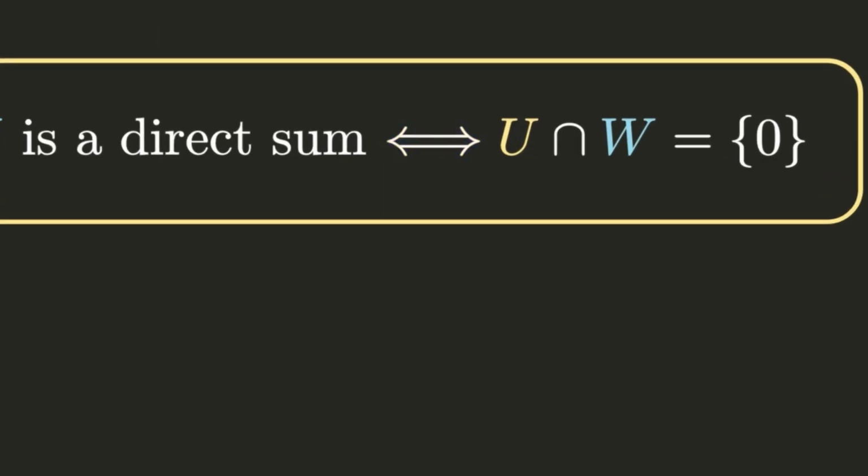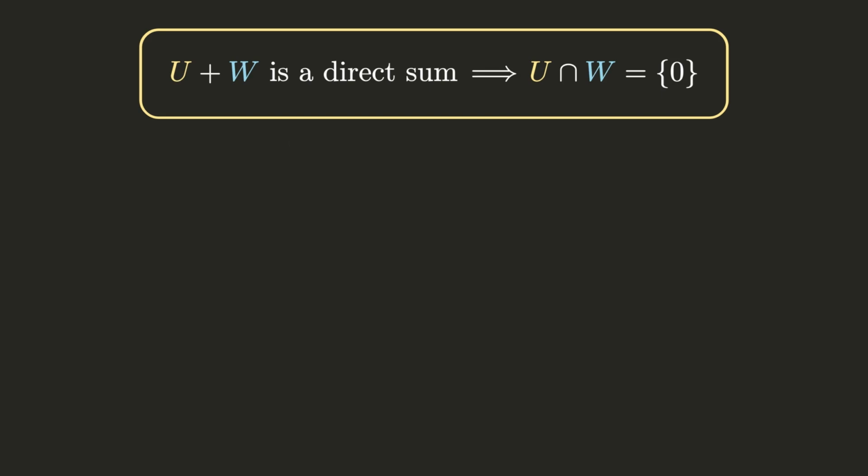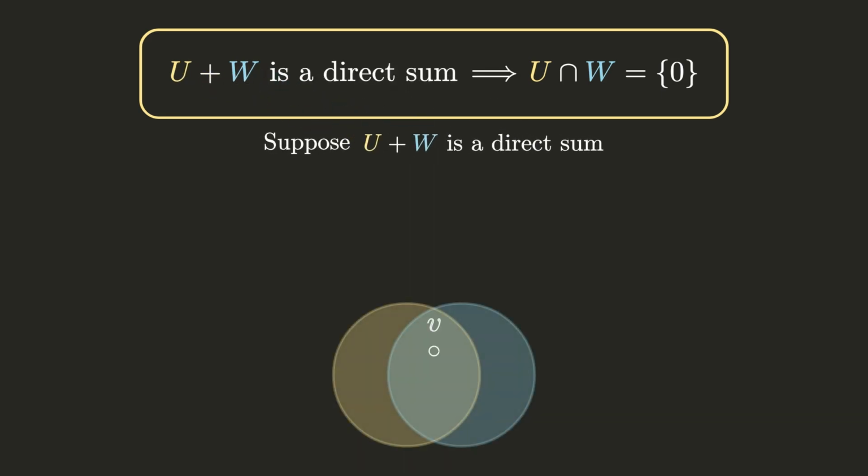Now again, to prove it, we need to prove both directions. Let's first prove the right arrow direction. So we suppose U plus W is a direct sum, and we suppose v is a member of the intersection. Then we can infer that minus v is in the intersection as well. And of course 0 is in it too.